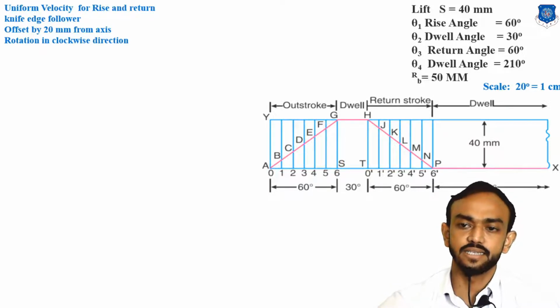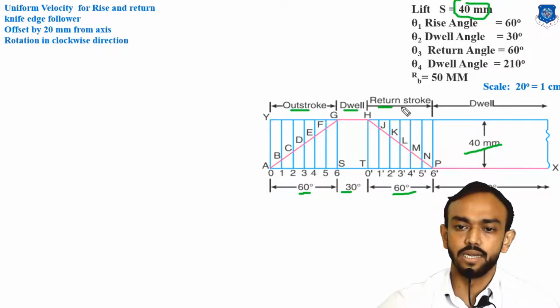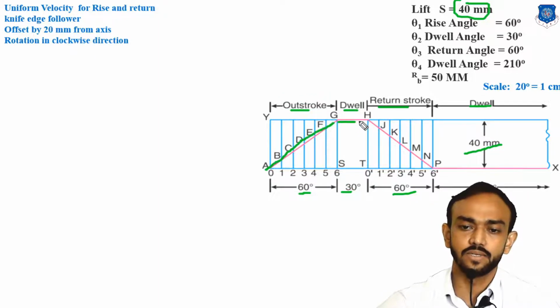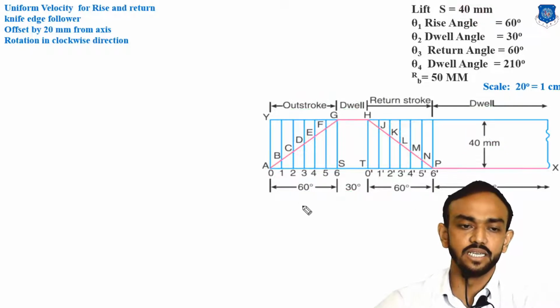You can check here 60 degrees, 30 degrees, 60, and 210. The height will be 40 because the lift is 40. Outstroke, dwell, return, dwell, and for uniform velocity the displacement diagram is a very simple straight line. Connect the corners of the rise and return and you will complete the displacement diagram.